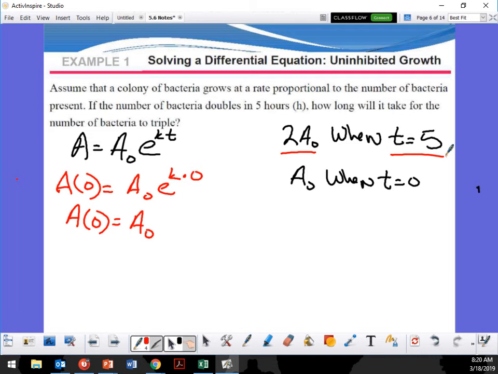So I know I'm going to have 2A sub naught equals A sub naught e to the 5k, right? Let's do some algebra. Divide both sides by A sub naught, which is whatever my initial amount is.